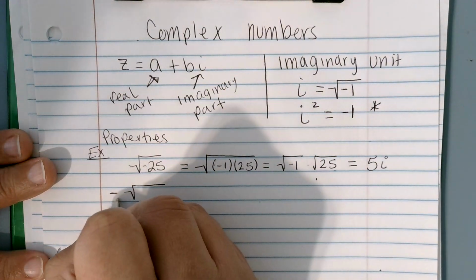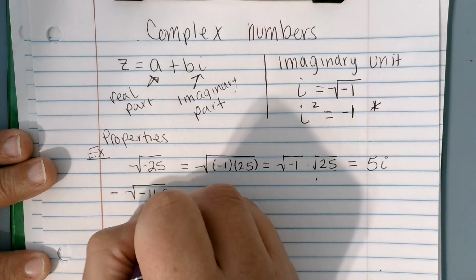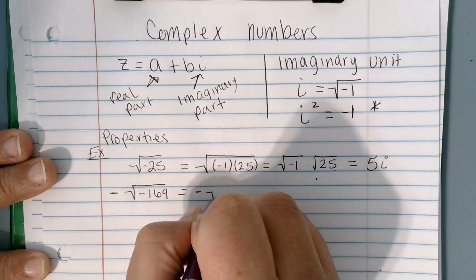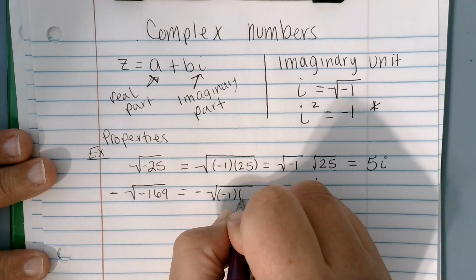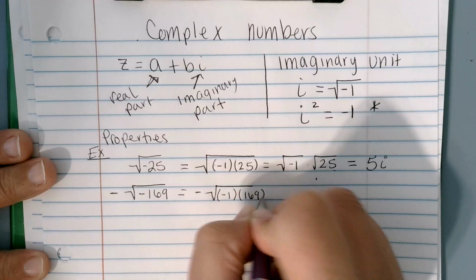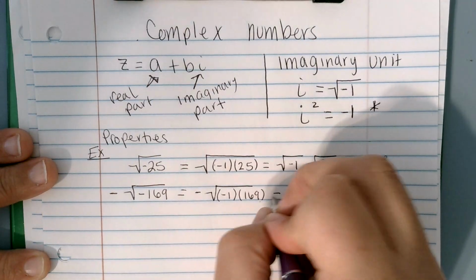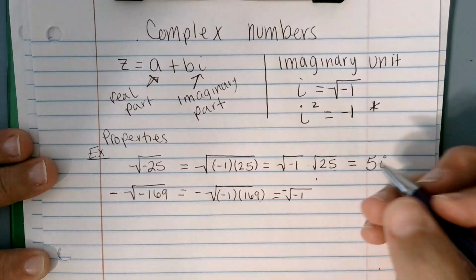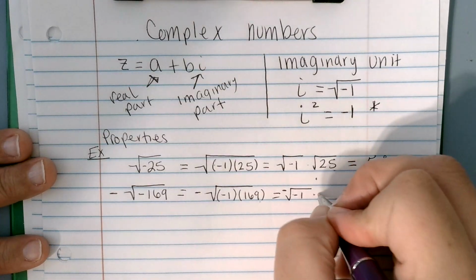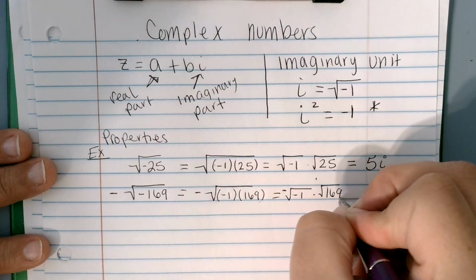So we have a negative on the outside and a negative on the inside. We're just going to carry that outside negative with us. Do the same math by taking the -1 off the 169 from the inside. Oops, I lost my negative. Don't lose your negative. Negative square root of -1 times the square root of 169.